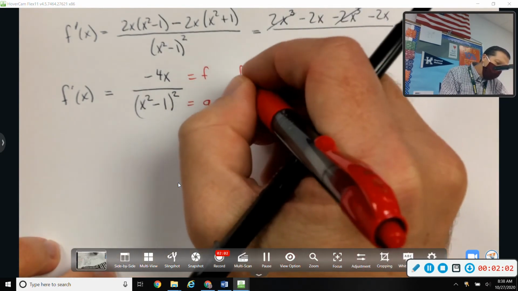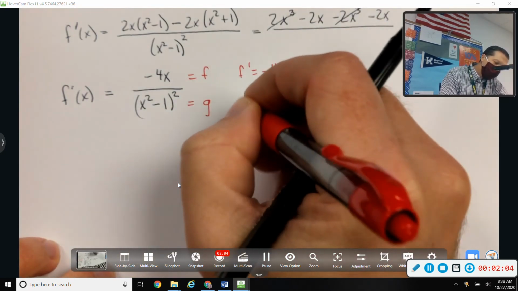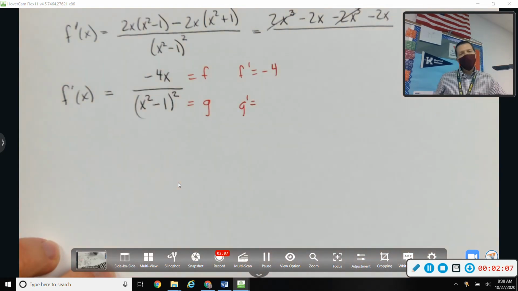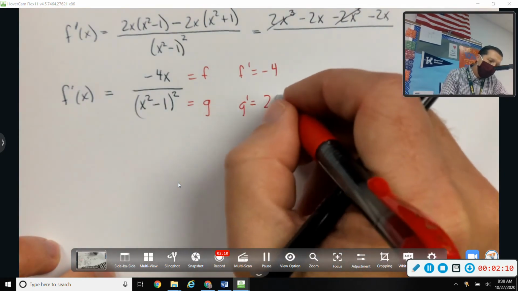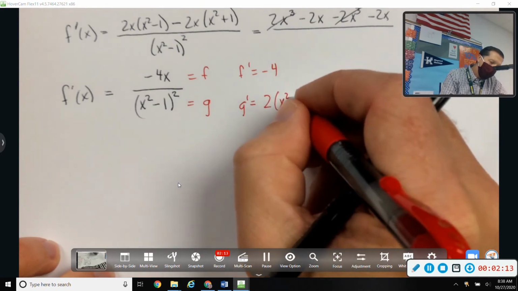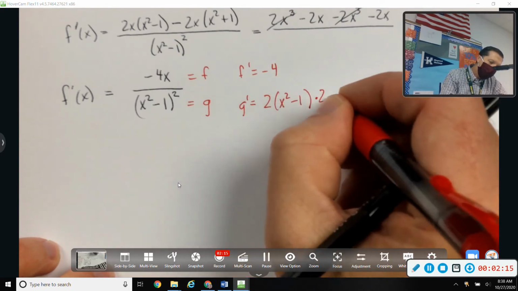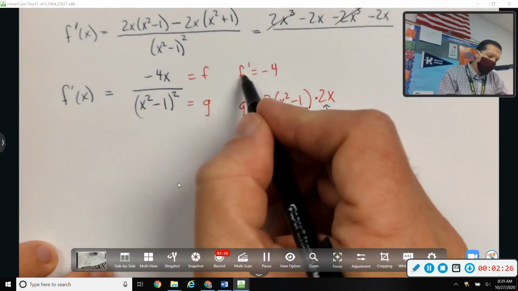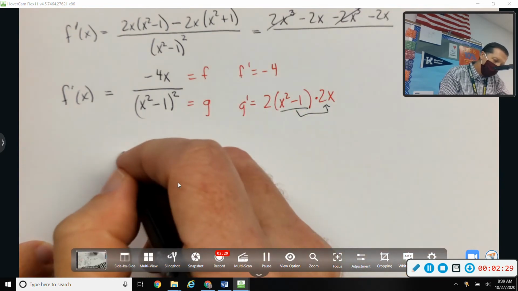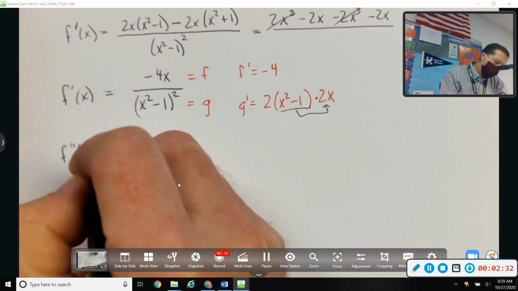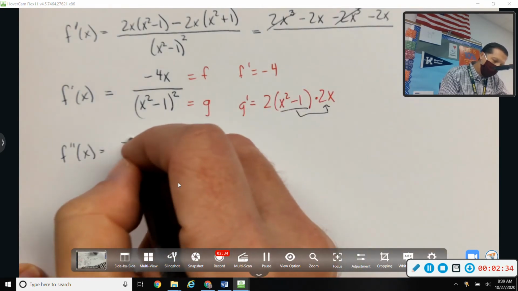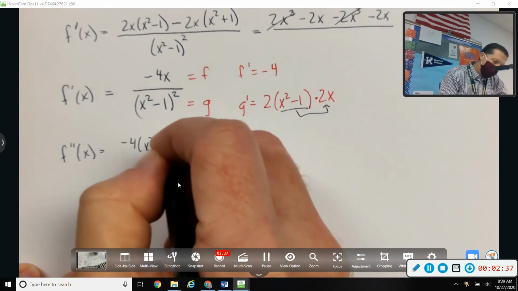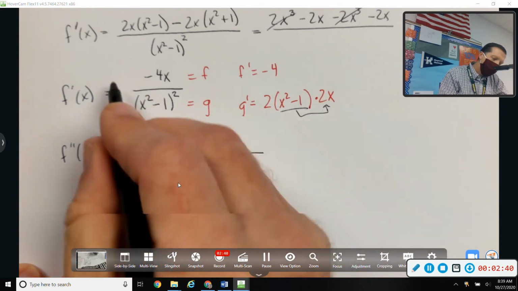For the second derivative, f prime is negative 4. G prime I'll need to be careful with. 2 times x squared minus 1 to the first times 2x, because of the chain rule. So now the second derivative, g f prime minus f g prime.